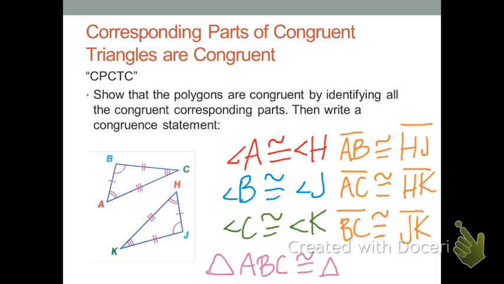So since we said ABC, we need to line up our other triangle with the corresponding angles that are congruent. So we start with the one that's congruent to angle A, which was H. Then the one that's congruent to angle B, which is J. And the one congruent to angle C, which is K. So our congruent statement is just triangle ABC is congruent to triangle HJK.